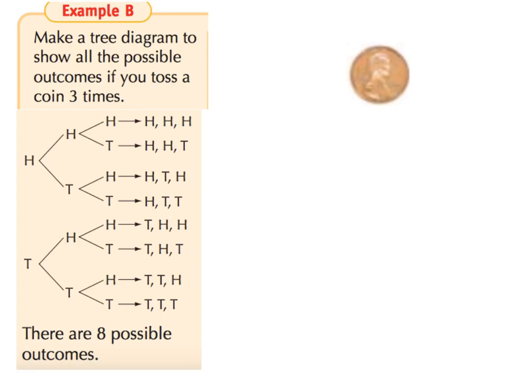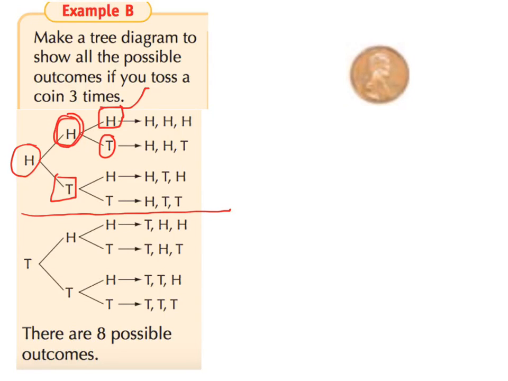For the first toss, let us take that you land up with heads. Now you're ready to toss for the second time. When you toss the second time, it could be either heads again or tails. Now let's say the second time also you landed up with heads. Now the third time when you're about to toss, it could be heads or tails again. Say you landed up with heads again for the third time.